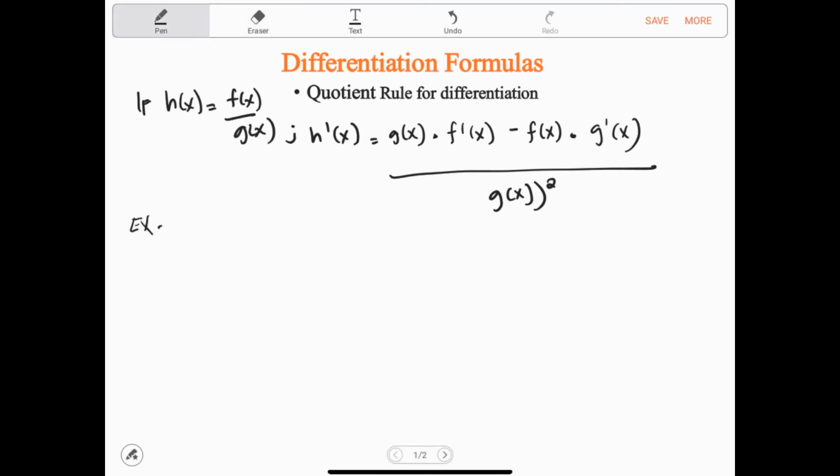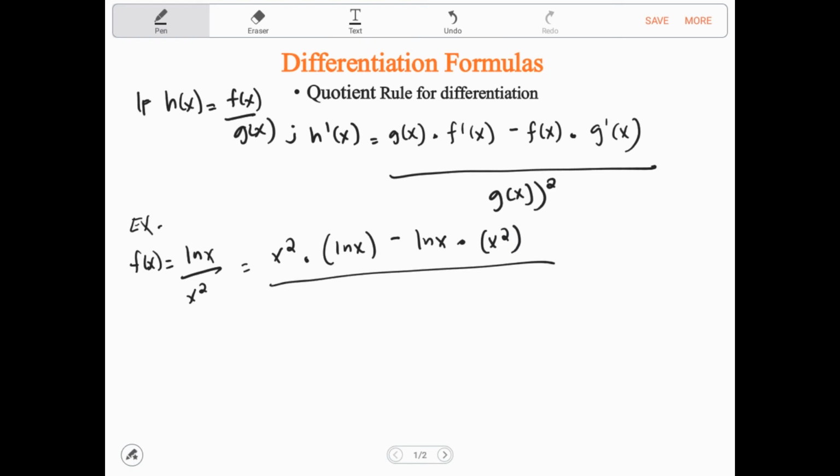Next example. If f of x is equal to ln x over x squared, therefore x squared times the derivative of ln x minus ln x times the derivative of x squared, all over x squared to the power of 2.